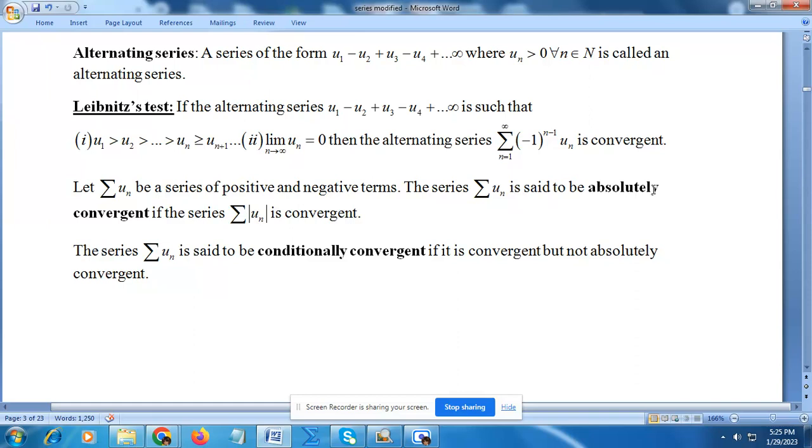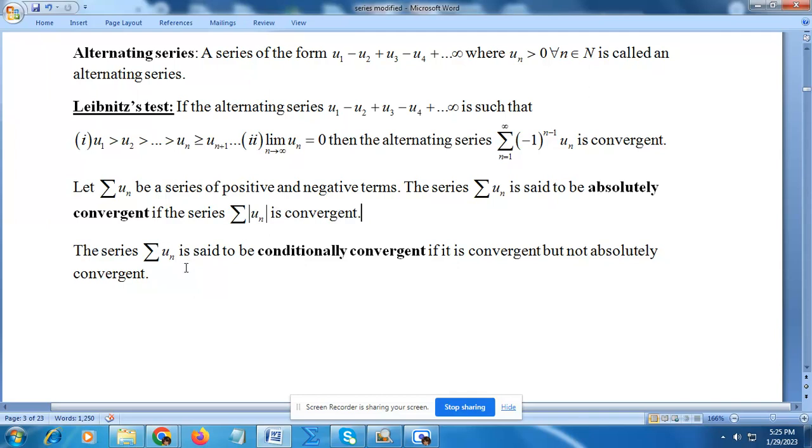Also, the series is said to be absolutely convergent if the series sigma mod un is convergent. If sigma mod un is convergent, then we say that the given alternating series is absolutely convergent.